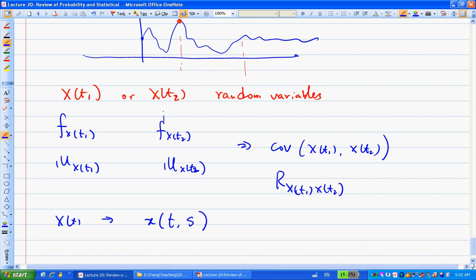It's a space and time system. t represents the evolution of time, and s represents the number of trials that you conducted here. For each trial you have one time history, another trial you have another time history. Does that make sense? So that's a stochastic process here.